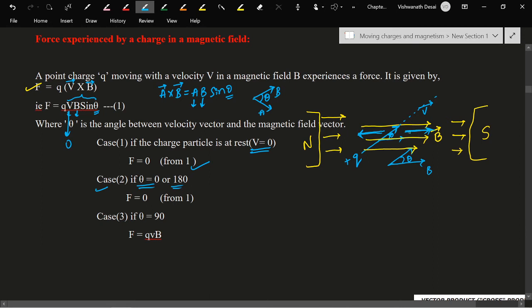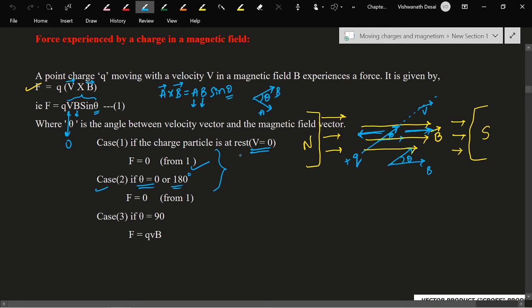If the charge is moving along the magnetic field, theta becomes 0, and if it is moving anti-parallel to the magnetic field, the angle between them is 180 degrees. In that case also, the charge will not experience any force. It just moves in a straight path along the magnetic field.